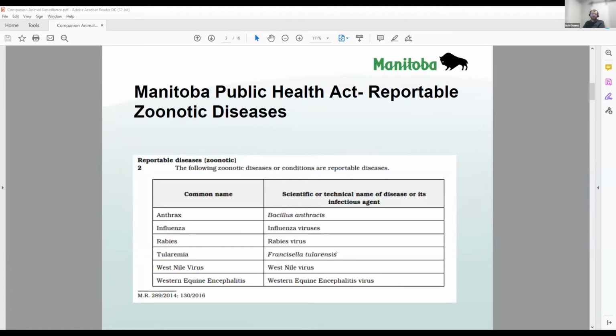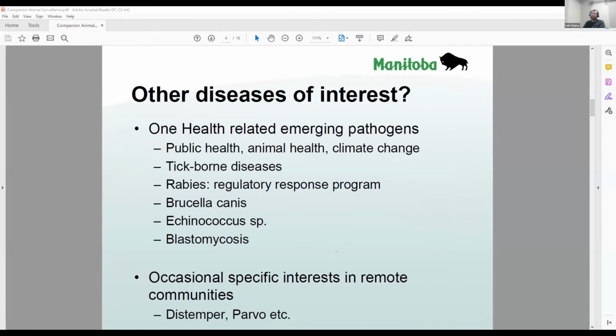But by far the most engaged aspect of what we do looks at emerging issues or public health issues that are not necessarily reportable, but do have a veterinary component. And so with our One Health program, we are fairly engaged with our counterparts and work more in a responsive manner than in a cohesive surveillance system.